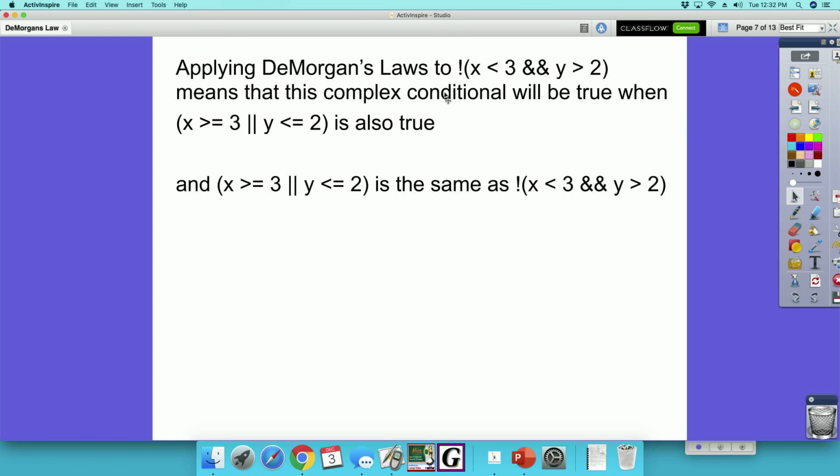So let's apply DeMorgan's law to this. So you get this. These are the same. Both of these would come up with the same truth value.